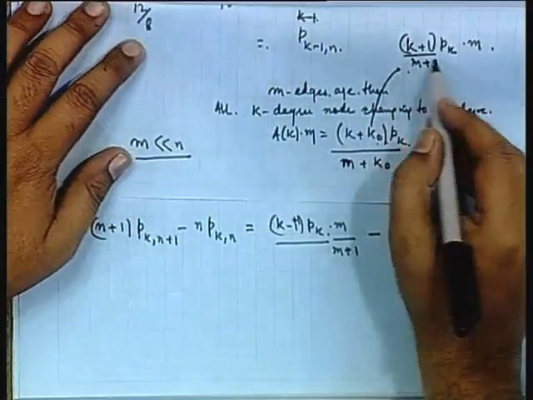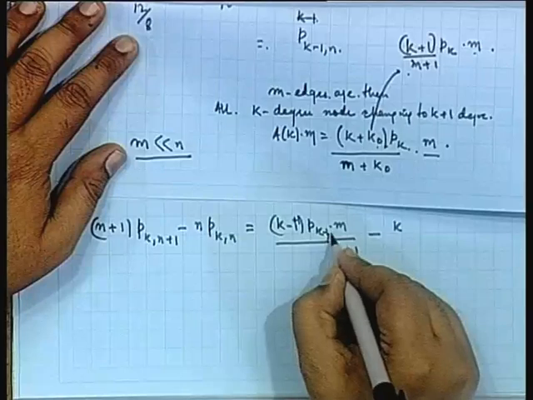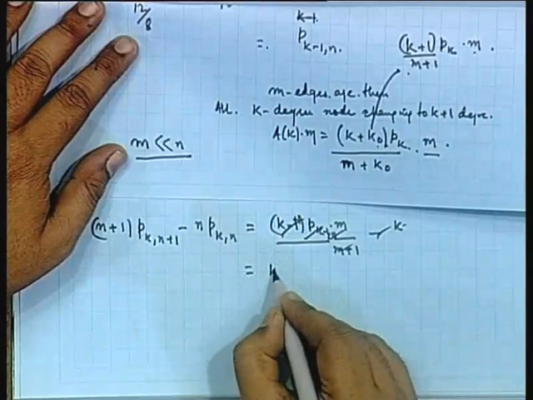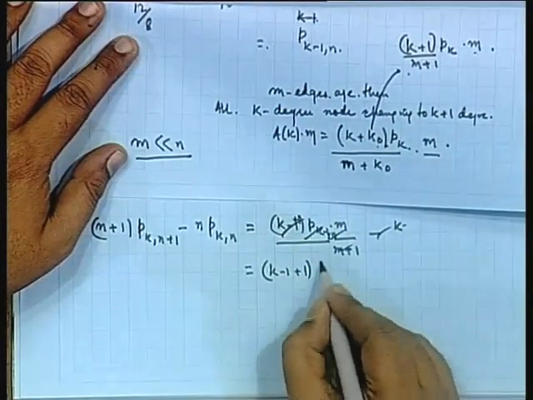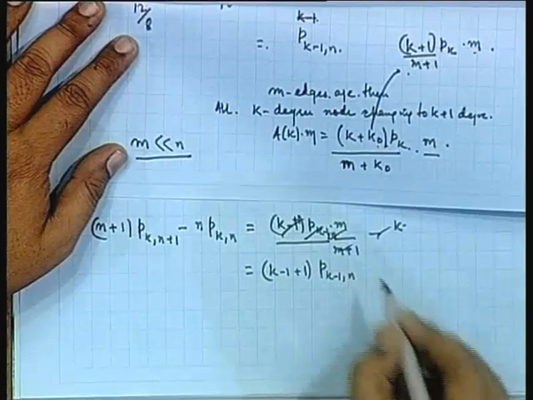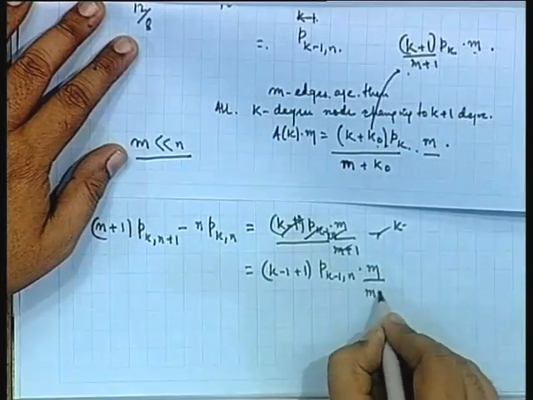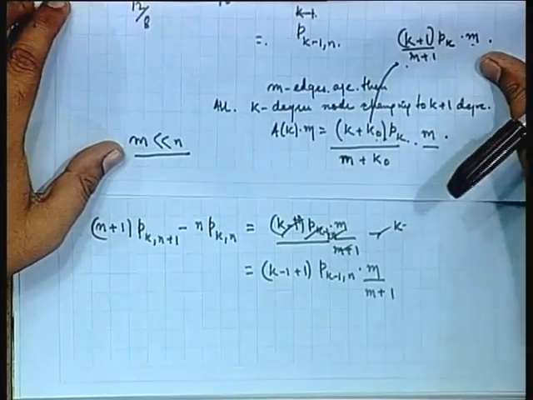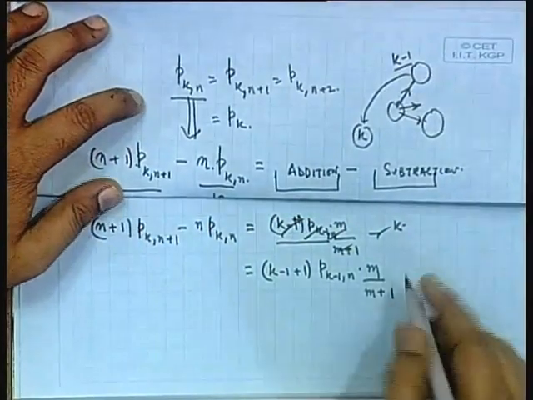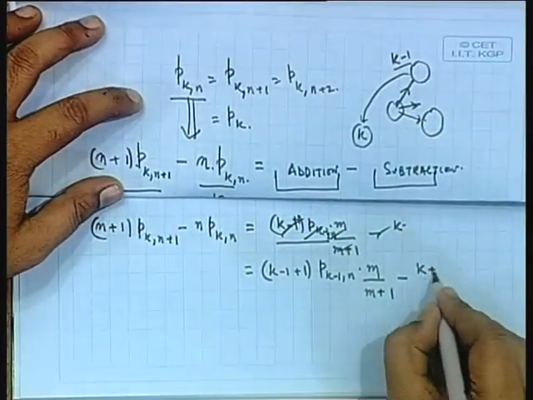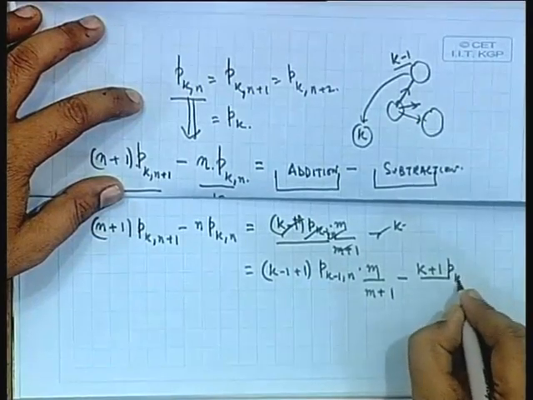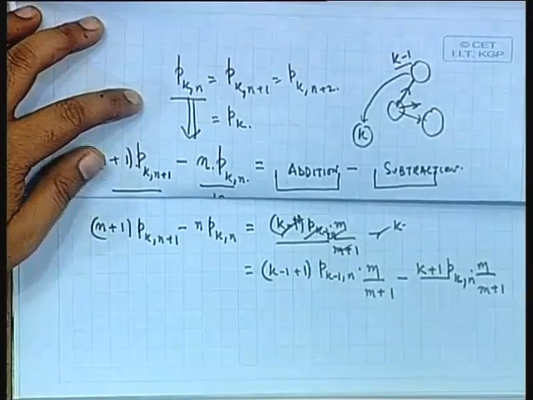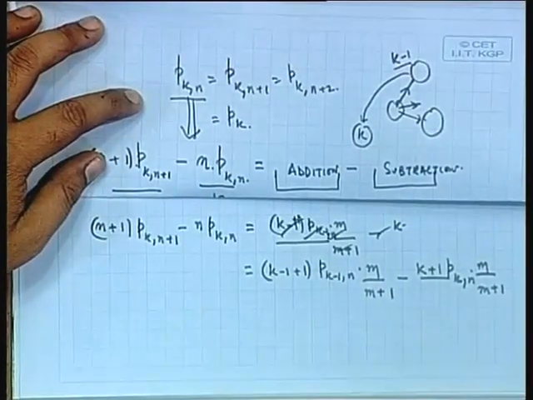The formula is k plus 1, p_k. So, k minus 1 comma n. I would write it once more: k minus 1 plus 1, p_{k-1,n}, m. And again here we can write k plus 1, p_{k,n} into m plus 1.